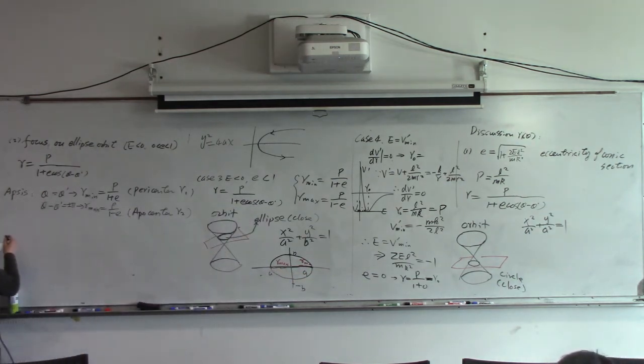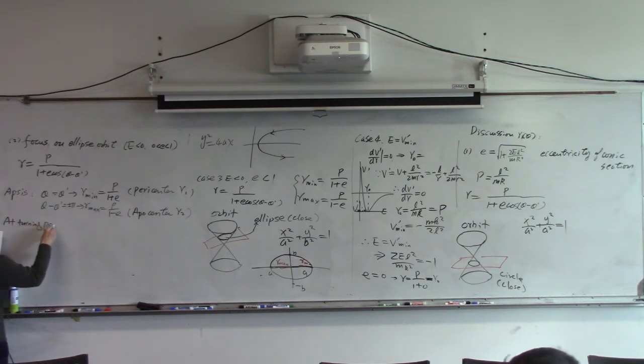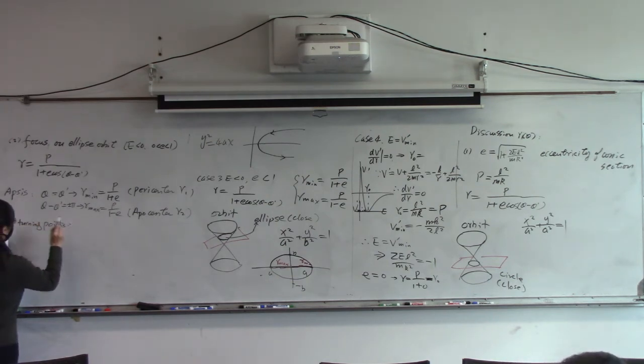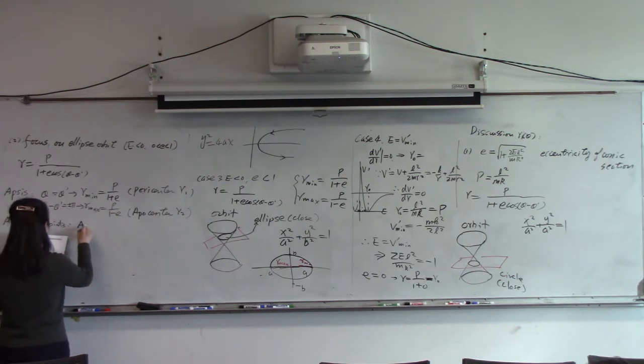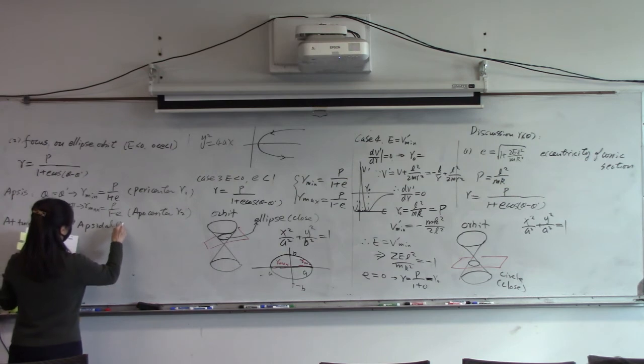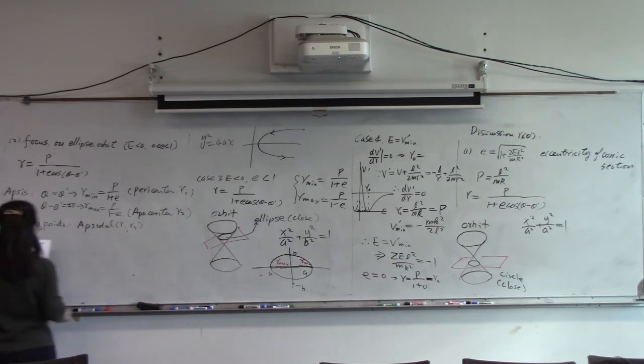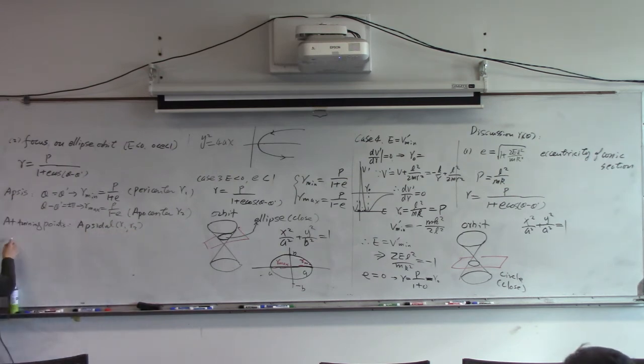At any turning point, R1 or R2, we call it epsilon.